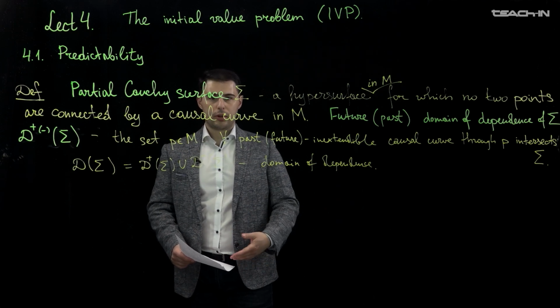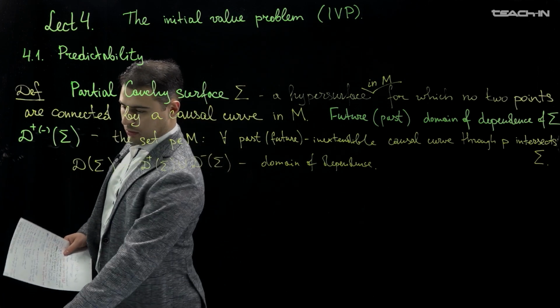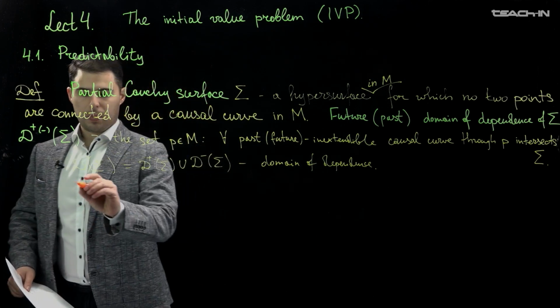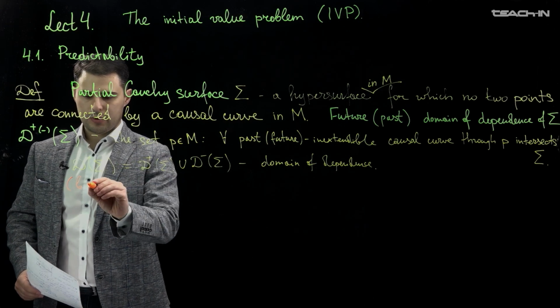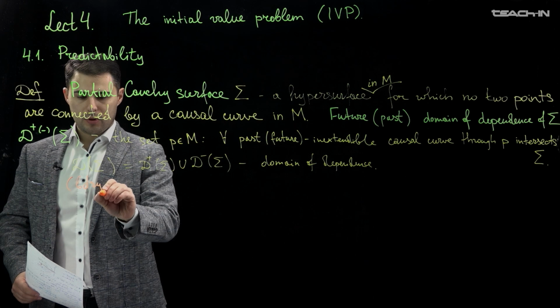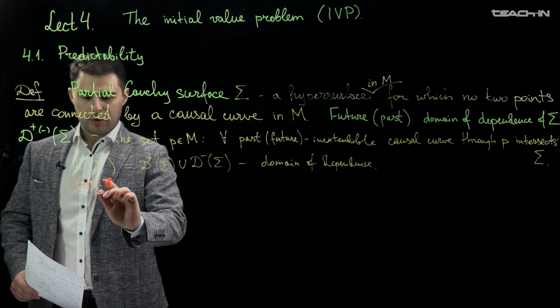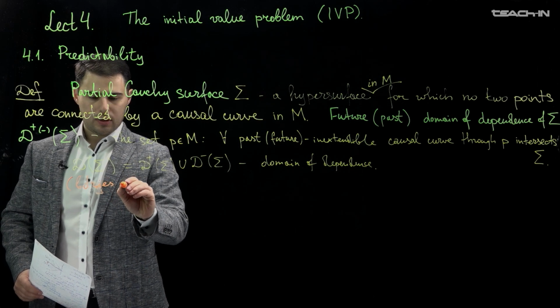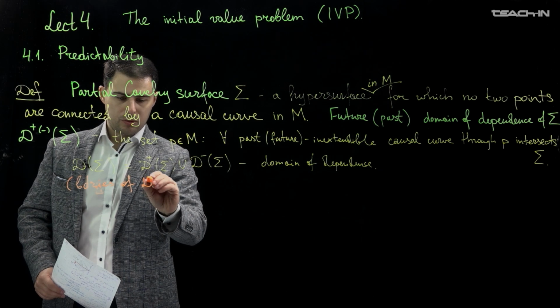These are called the Cauchy horizons. We will give a proper definition later in this course, but for now let's state it this way.